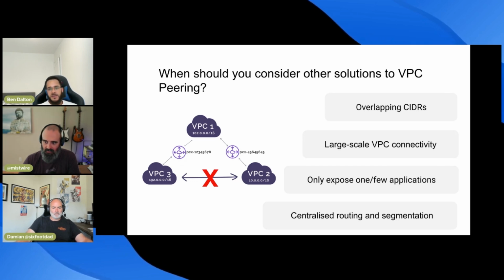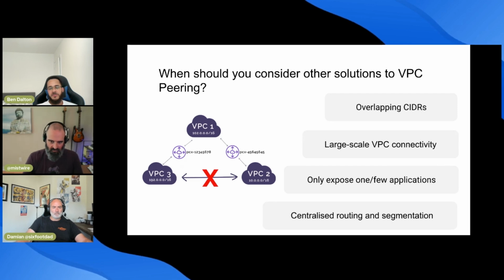If you only want to expose one or two applications, and even exposing the subnet is a bit too much, then VPC peering is overkill. Overexposure is not good in terms of security.